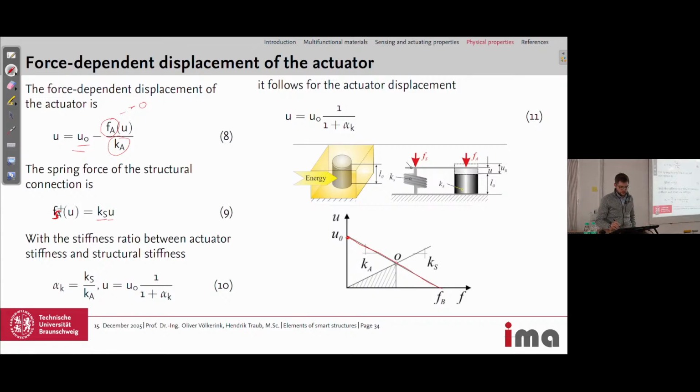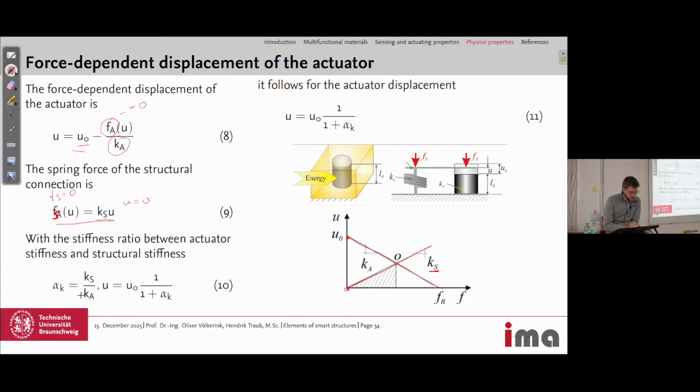This has to be Fs. So first this equation, Fs as a function of u equals Ks times u, and this is this line here with the slope Ks. If you have no displacement, if u equals 0, then Fs would also be 0. You are here at this point.